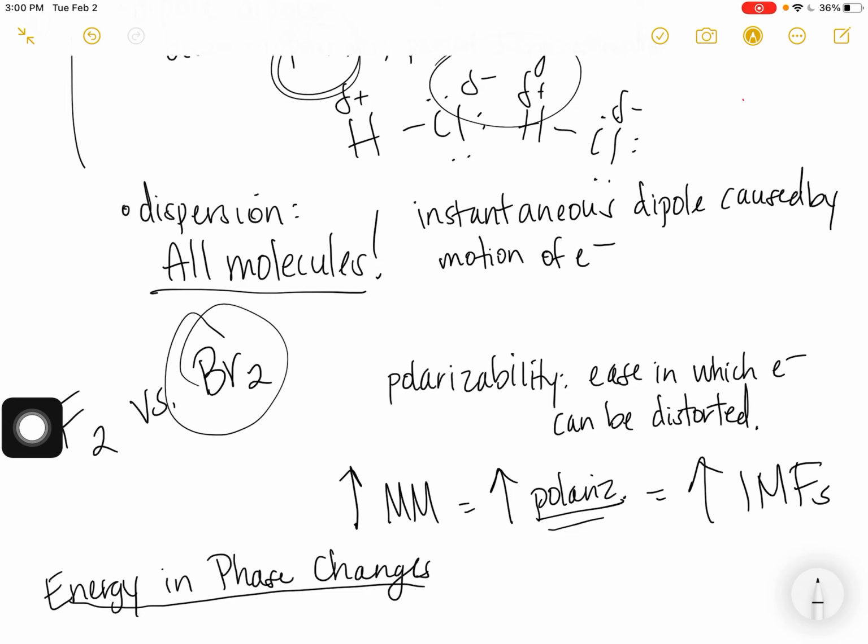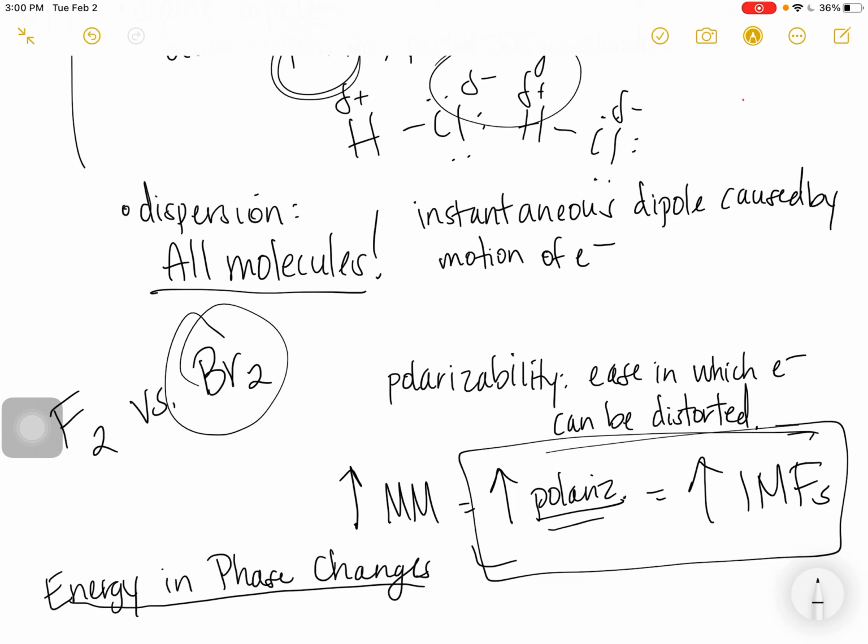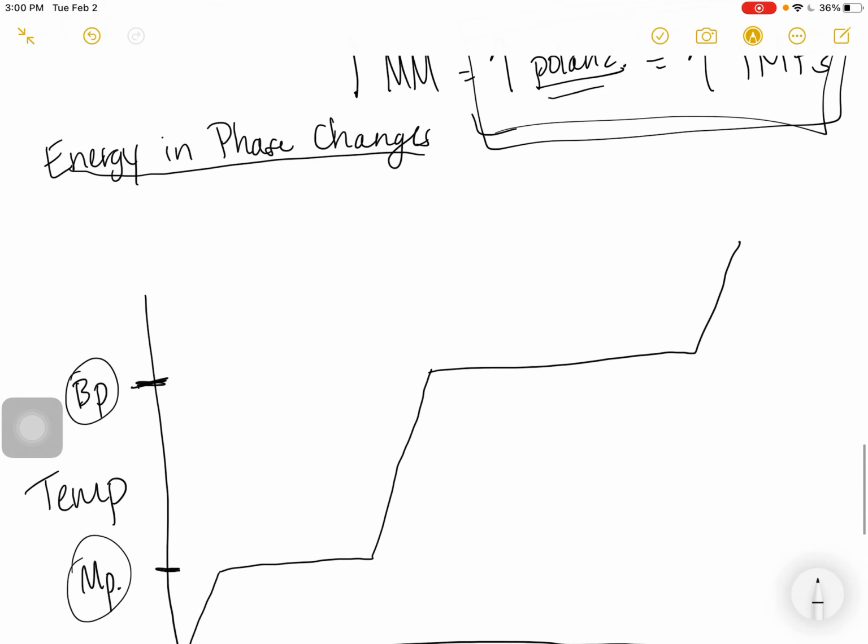That's pretty confusing, but it is the increase in polarizability that affects the strength of your intermolecular forces. Again, quickly, lots of molecules can exhibit more than one type of intermolecular force. Some questions will say list all of them, and some might say list the strongest type. So be mindful of what the question is asking you.